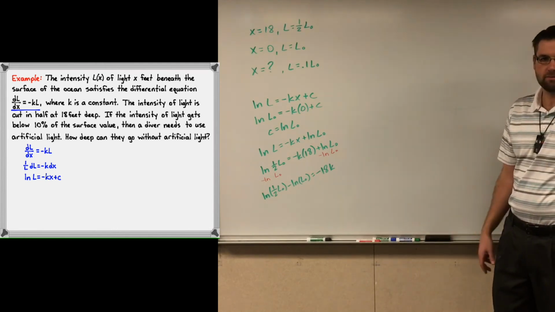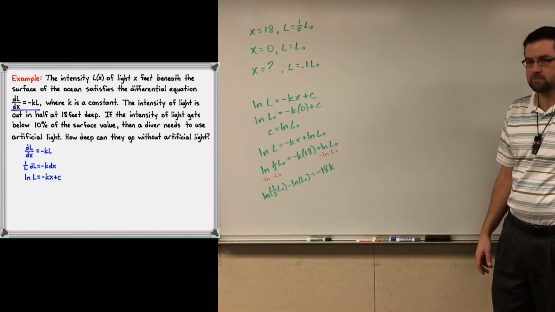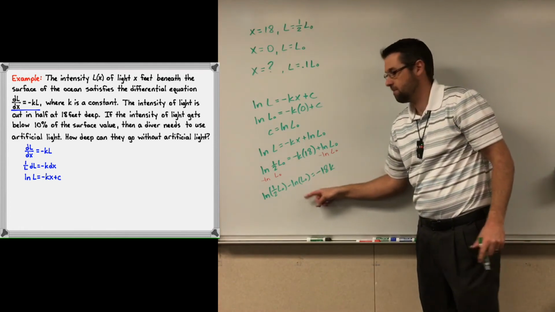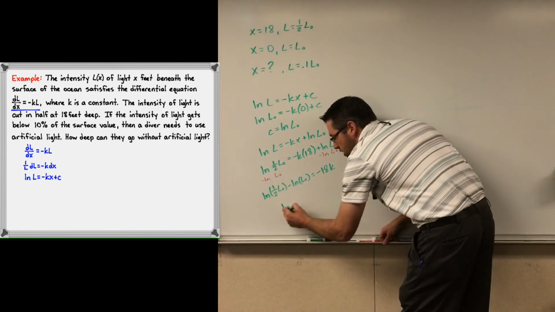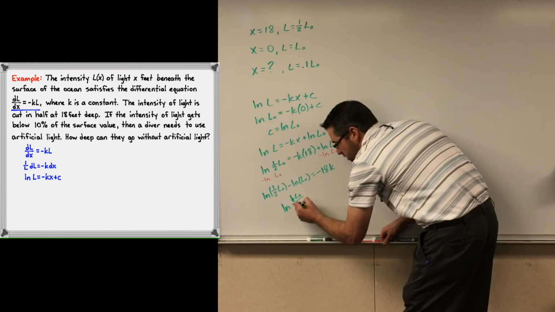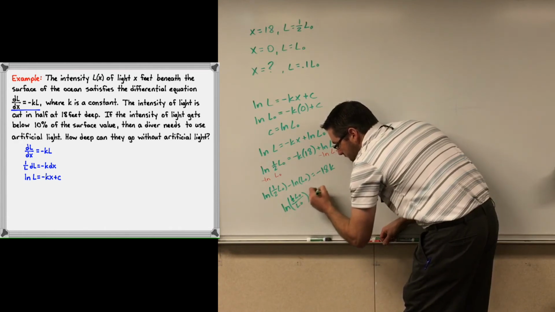Anything click in your brain yet? Okay, can you do the properties? You got a natural log property here. So I can rewrite this as the natural log of what? 1/2 L0 divided by L0 equals negative 18K.